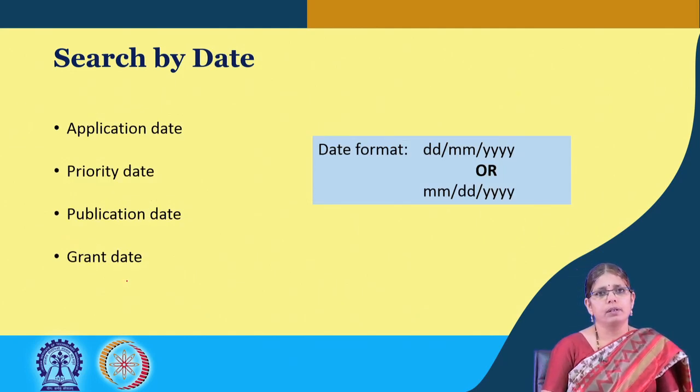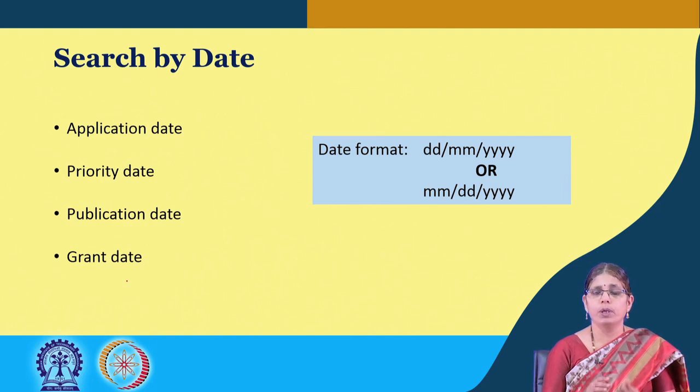Search by date is another important type of search which also helps understand the details in relation to a particular patent by its date. This is fundamentally important from the point of view of, one, the total number of years available in the grant period, and second, it also provides information in relation to the priority of the invention.